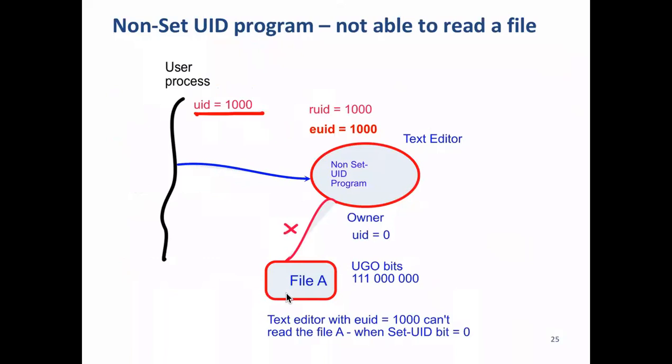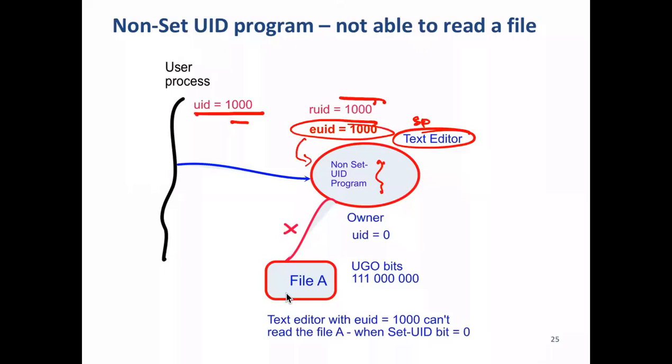For example, it could be a very special text editor, and this editor is a non-set UID program. In order to do anything, it will check who is using it. So it will check my ID, which is nothing but the effective user ID, which is 1000.